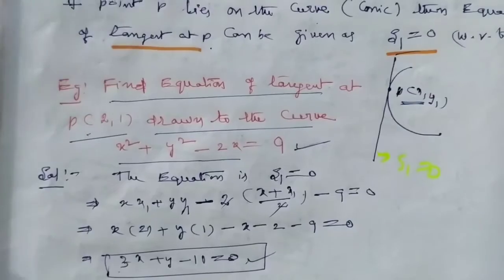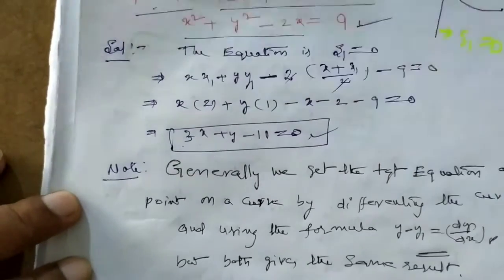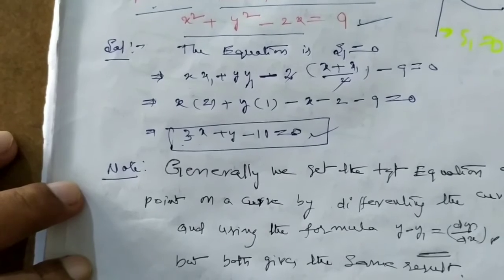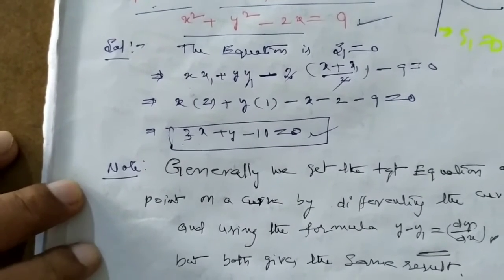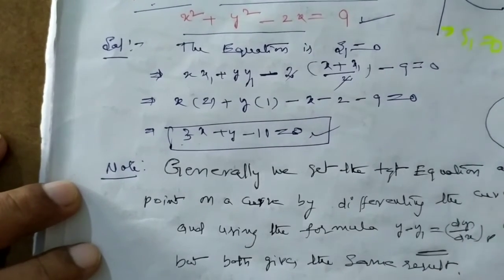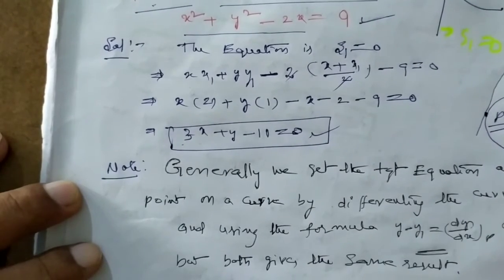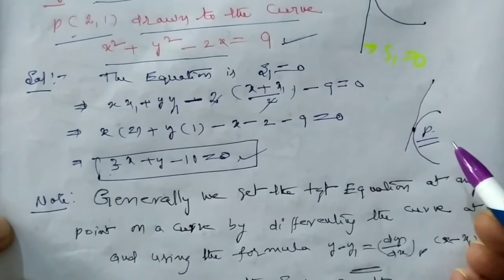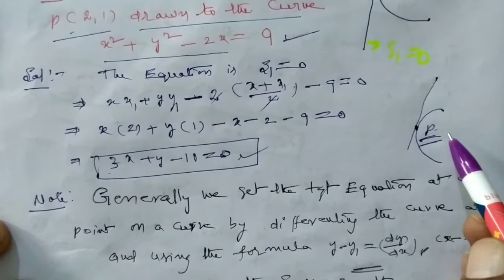See here one thing. Do you remember how to find the tangent equation in differentiation? Yes, exactly. When a point is given on the curve and you are asked to find the equation of the tangent at that point, we already have some idea how to do it.